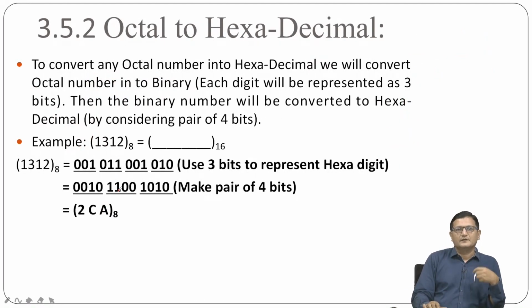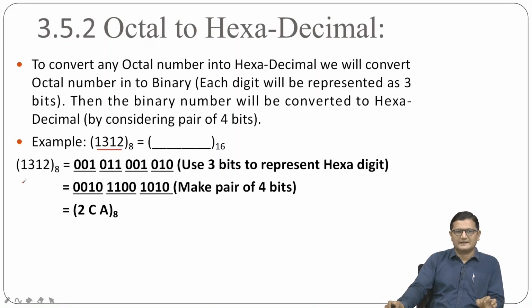Fine. Now, how can we convert any octal number which is given to you into hexadecimal? We just have to repeat the same process. Let us suppose this octal number 1312 is given. We know that to represent any octal digit, we need 3 bits, right.